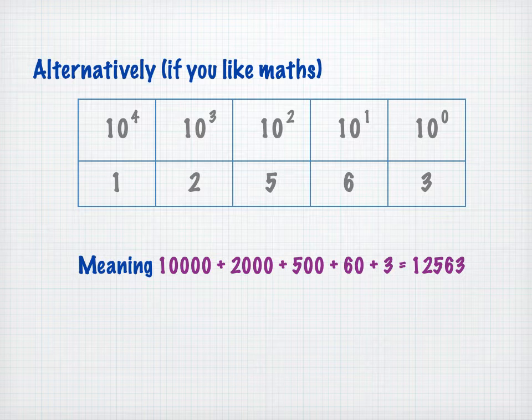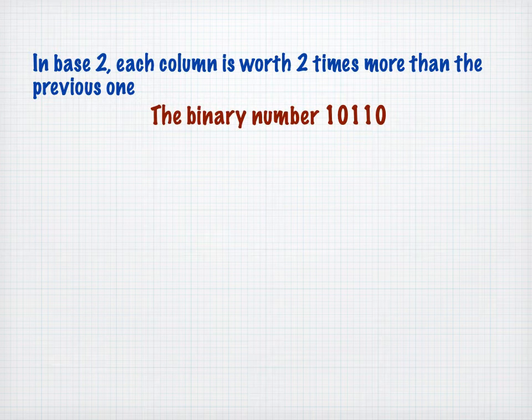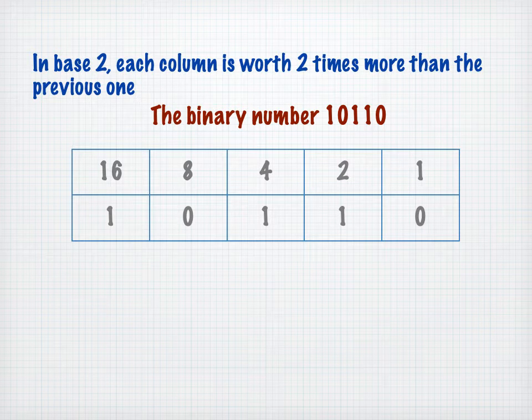Similarly then, let's have a look at a base 2 number. In base 2, each column is worth twice as much as the previous column. So for example, say you had this binary number here, 10110. We could write that down using the grid notation. Each column, starting from the one on the right, is worth twice as much as the column next to it.